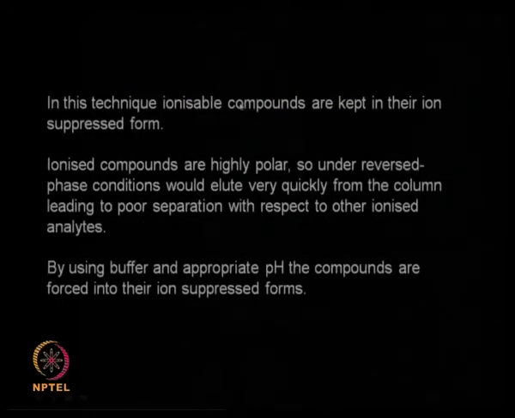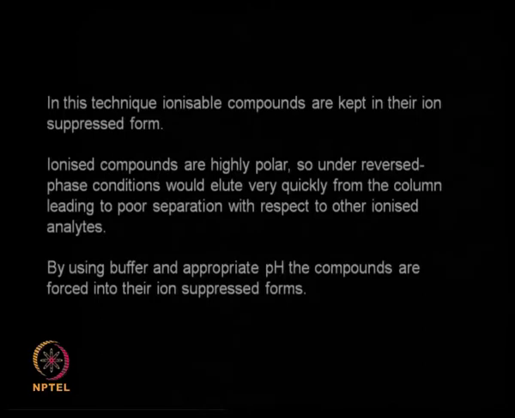So in this technique, ionizable compounds are kept in their ion suppressed form. Now ionized compounds are very polar, as you know. So under reverse phase conditions they will elute out very quickly from the column, leading to poor separation with respect to the ionized analytes. So if you have many ionized analytes, they will never get separated out at all, they will just come out of the column very fast because they are highly polar. So what do we do?